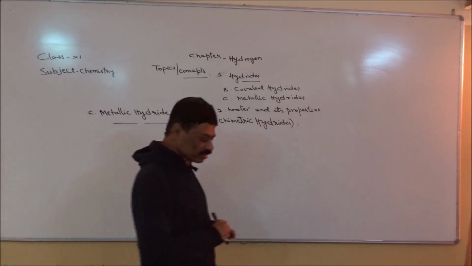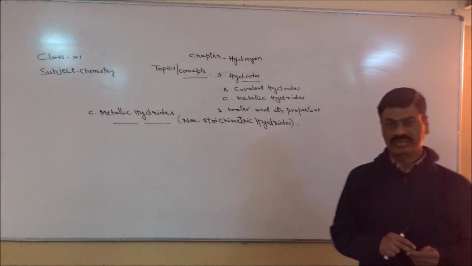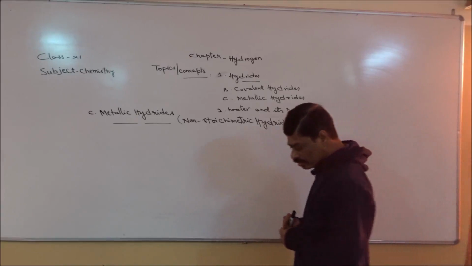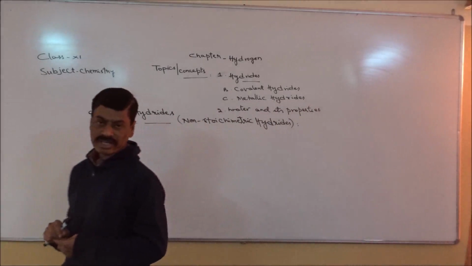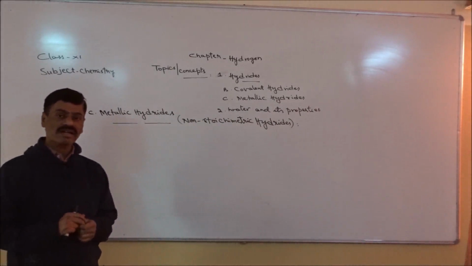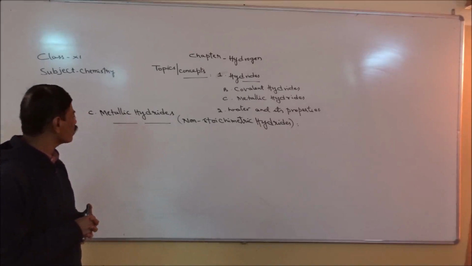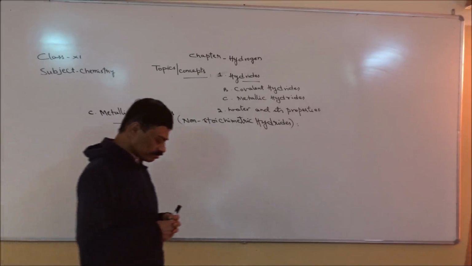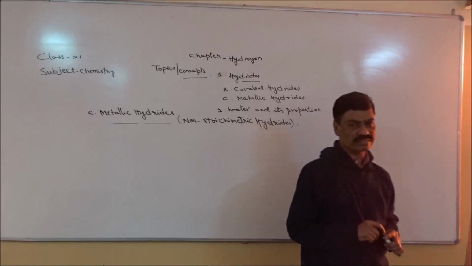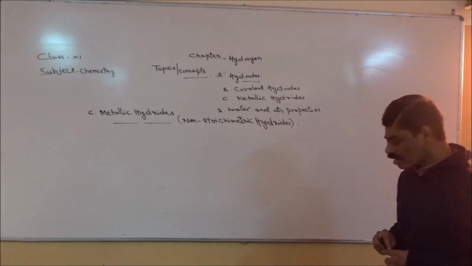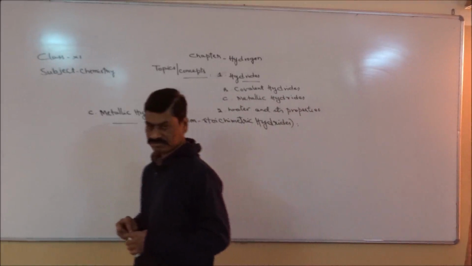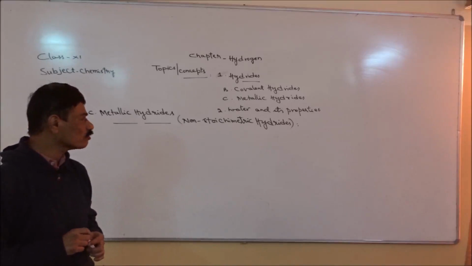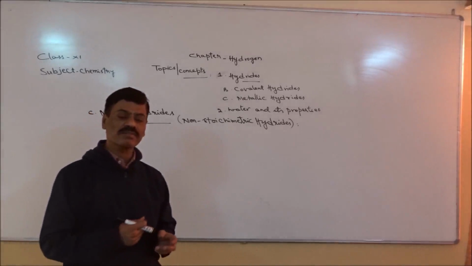Those hydrides formed by the combination of the metals of D block and F block with hydrogen result in metallic hydrides. And usually in these metallic hydrides there are a number of pores. Transition elements contain a number of pores into which hydrogen gas can be incorporated.